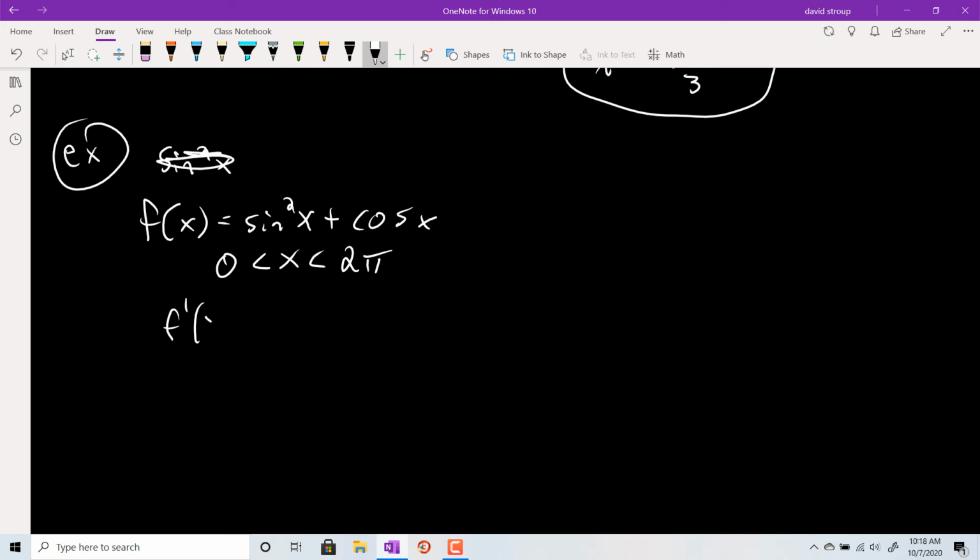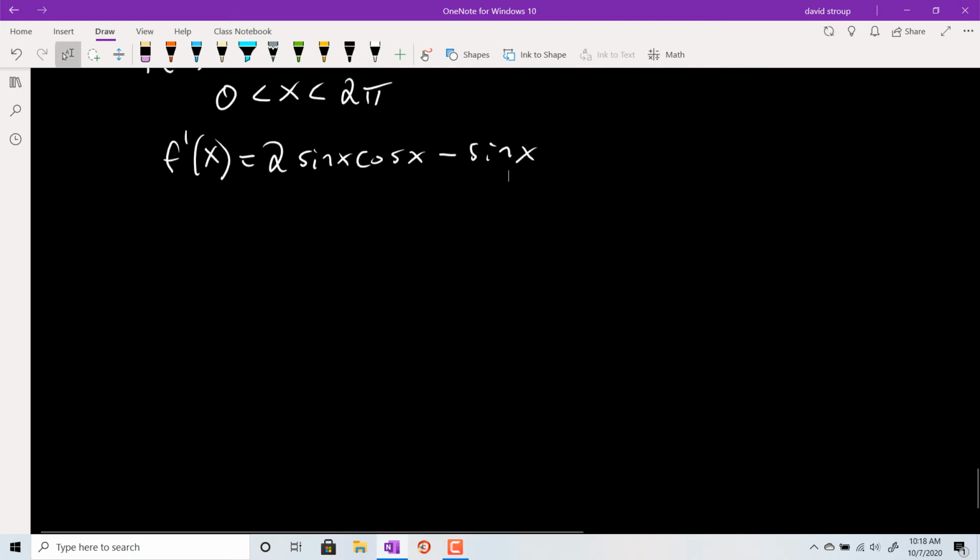Okay, so I need the derivative. f prime of x is going to be 2 sine x times cosine x. So that's power rule, then chain rule, minus sine x. Okay. So again, I need to find where f prime of x does not exist. And that never happens for us here.